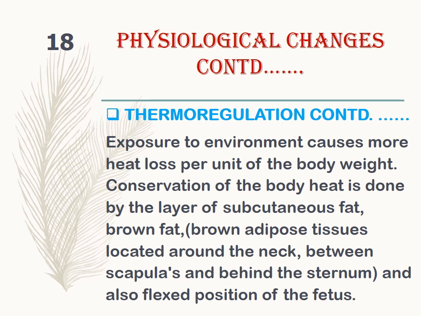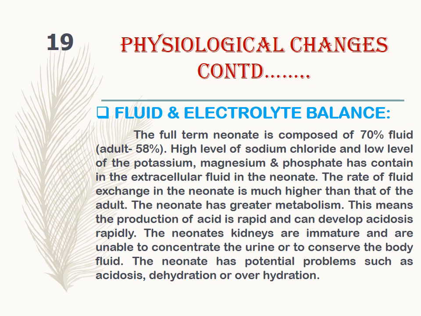Conservation of body heat is done by the layer of subcutaneous fat and brown fat. This brown fat is present around the neck, between the scapulae and behind the sternum, and also in the flexed positions of the chest. Fluid and electrolyte balance.